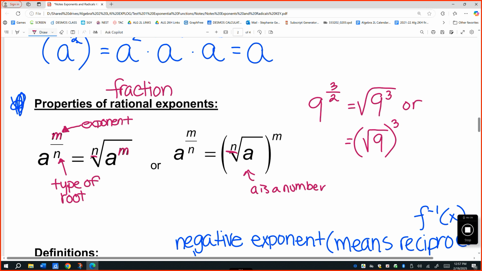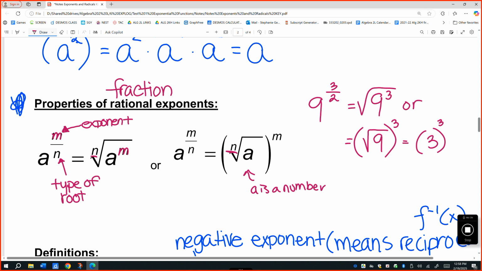Do we know the square root of 9 without a calculator? I hope. What's the square root of 9? What number squared makes 9? 3, right? 3 squared makes the number 9. So this would be 3 raised to the 3rd power.